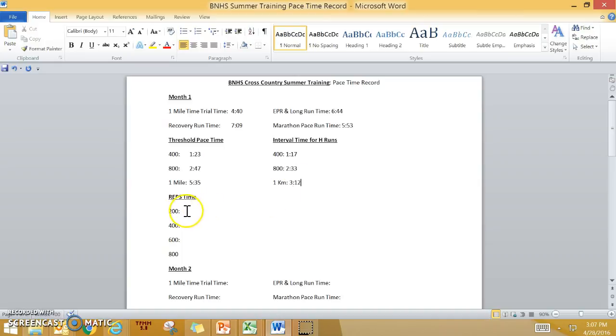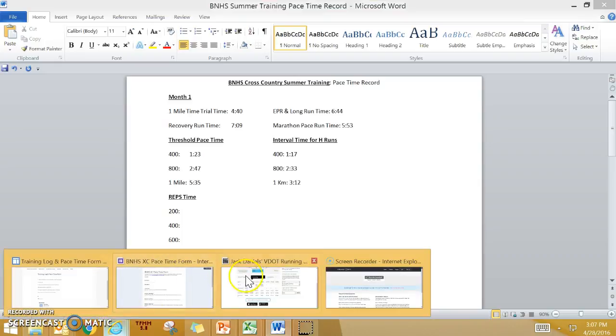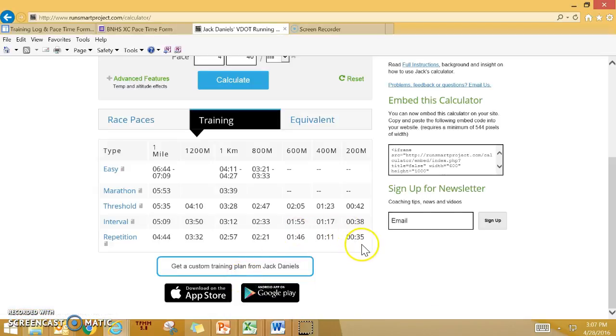All right, and then finally I have reps. Now I got to know 200, 400, 600, and 800 for my reps, or repetitions. So I go back to the calculator, and I have 200, 35, 400, a minute 11 or 71. So 35, 71, 146 for the 600, and 221 for the 800. So let's put that up here.